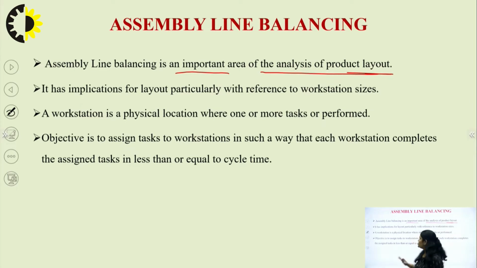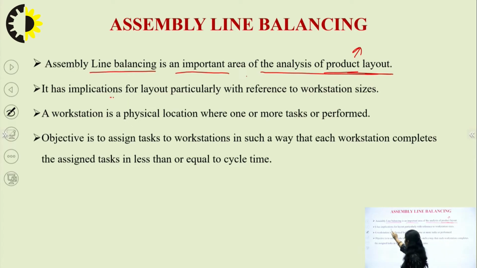So it is more suitable for mass production. Here the number of machines, or we can say the number of facilities, are arranged in the sequence of processes, or the processing sequence. So this assembly line balancing method is a very important criterion in the case of the product layout.